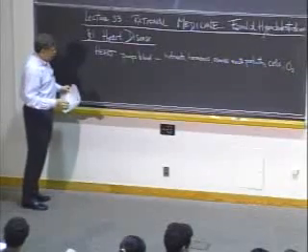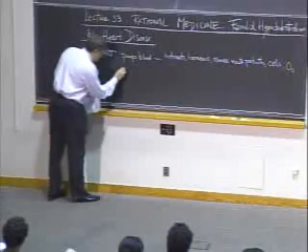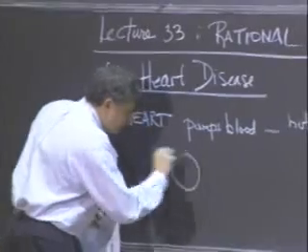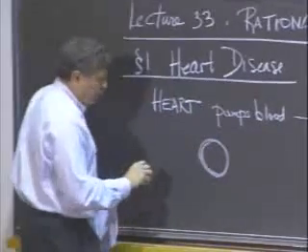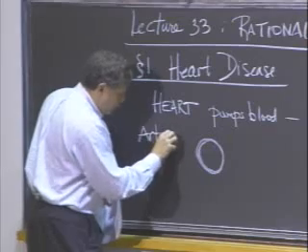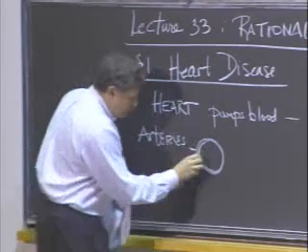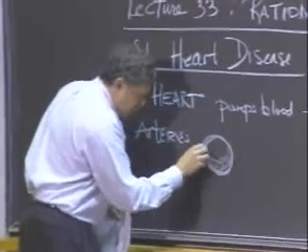One of the ways in which you run into trouble with your heart pumping is if the vessels that carry blood away from the heart to the periphery, arteries, become clogged. Just simple plumbing problem here.